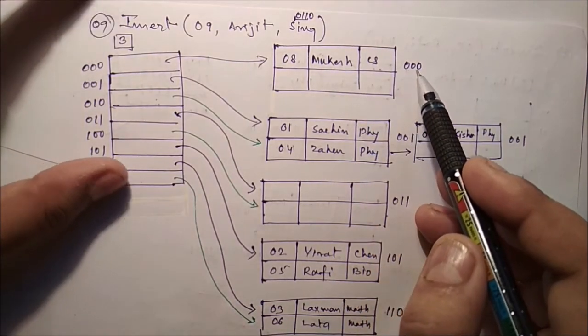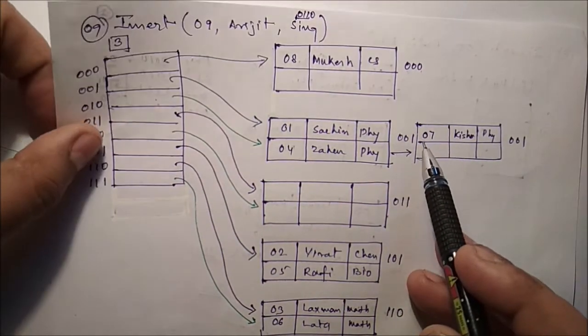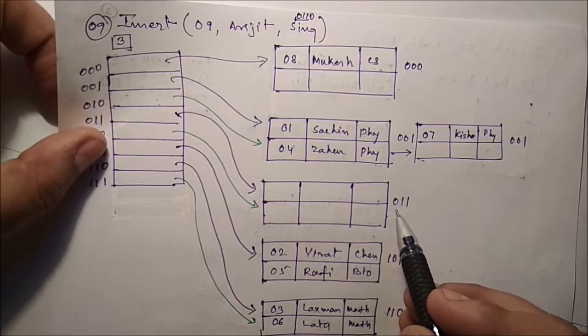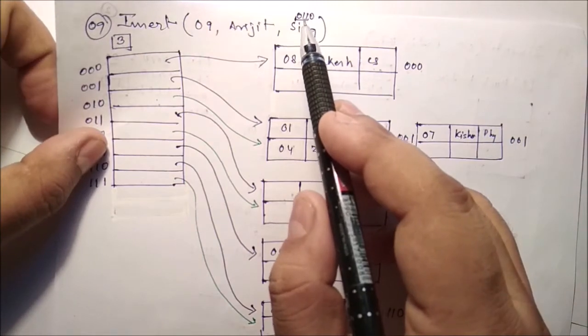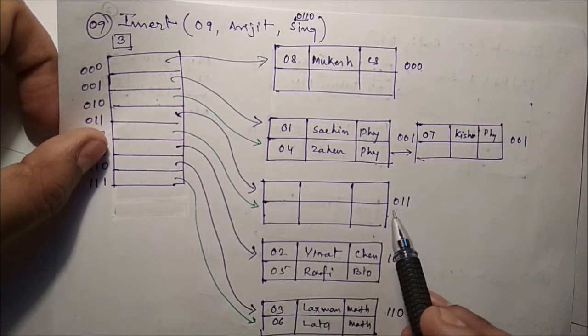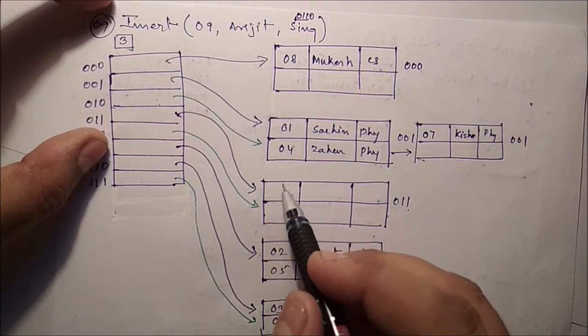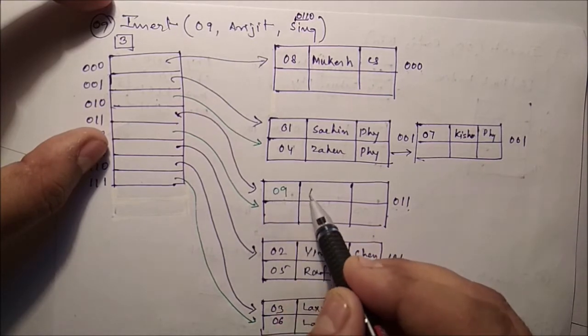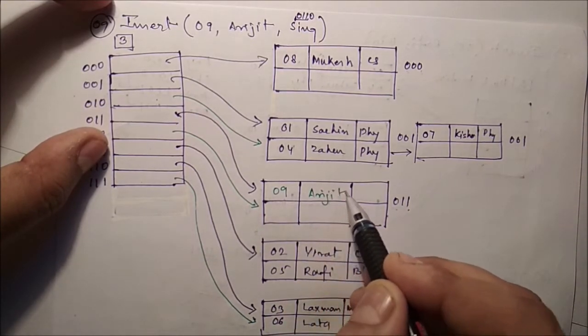Already we have 000 and 001, and we have to create one record for singing where the first 3 digits are 011. So create a bucket 011, and here you insert the data 09 Arijit, for singing.